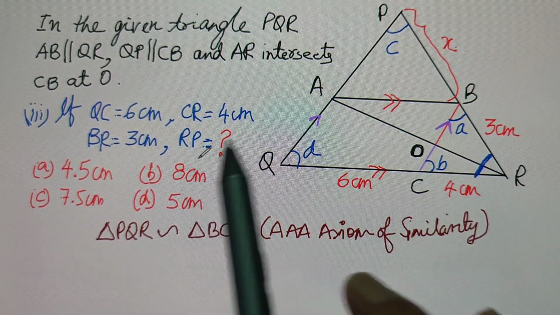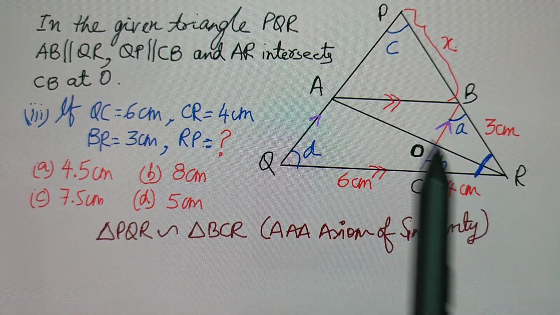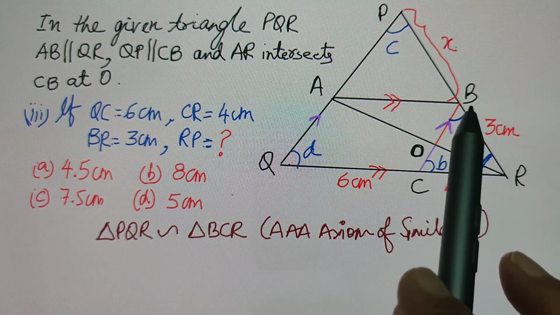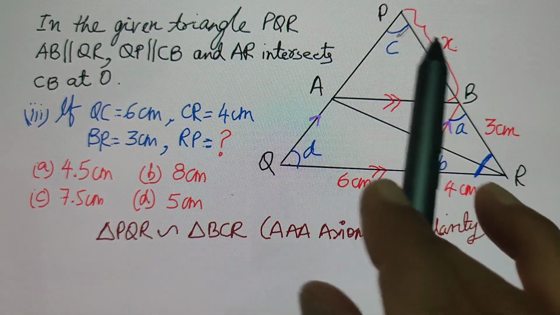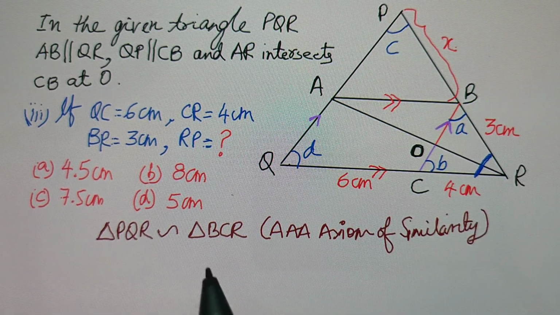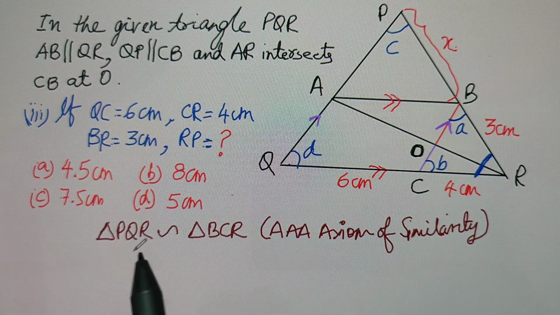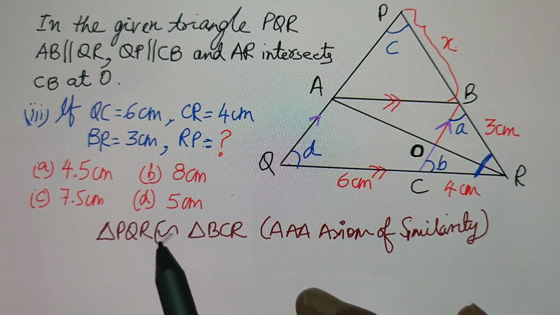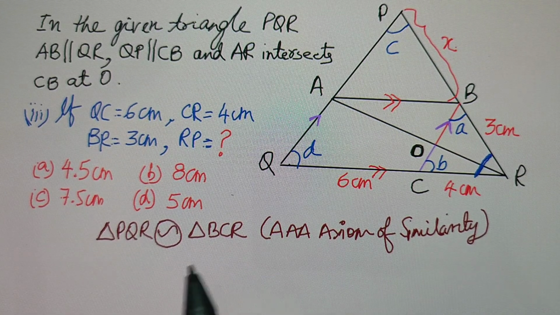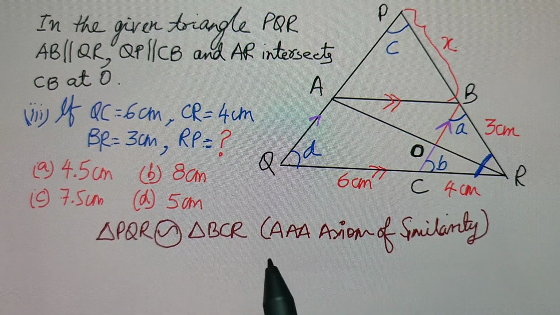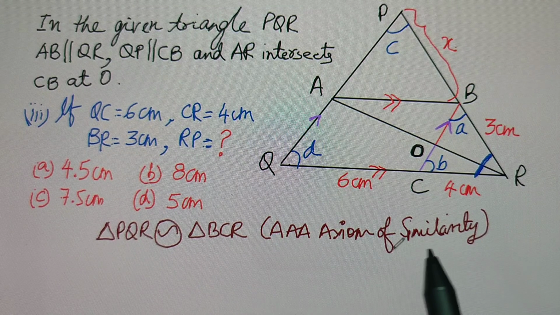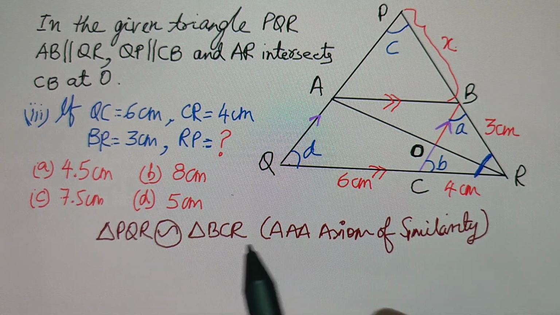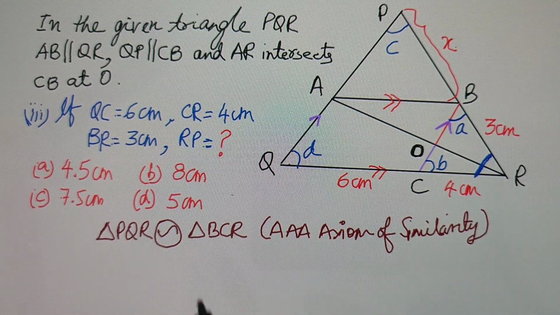The question is to find the value of BP. Now we have denoted the value of BP as X. We have already proved triangle PQR similar to triangle BCR by angle axiom of similarity. So when these two triangles are similar, their corresponding sides are going to be in proportion.